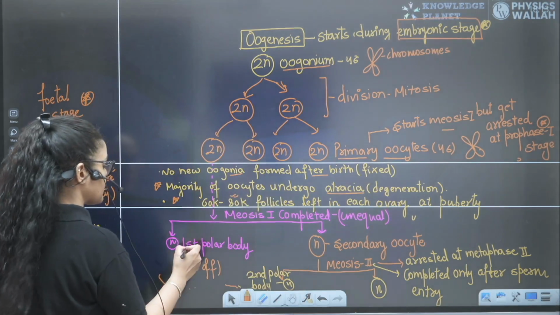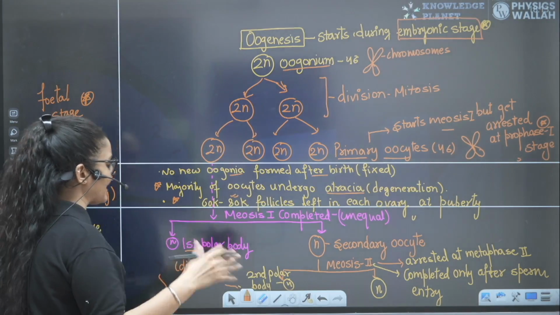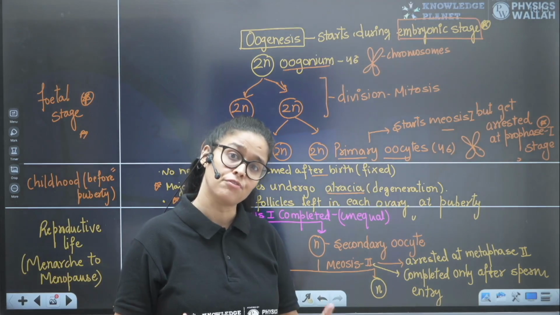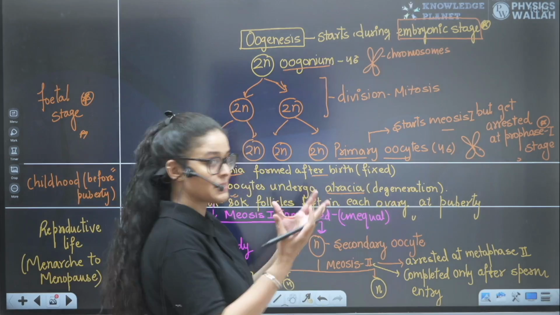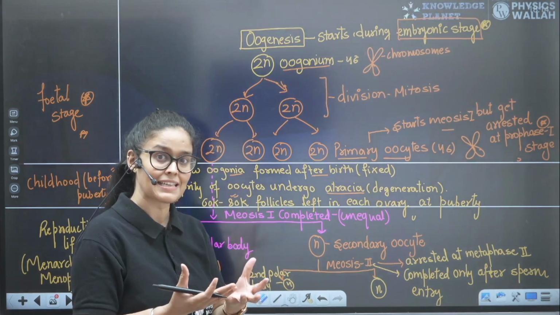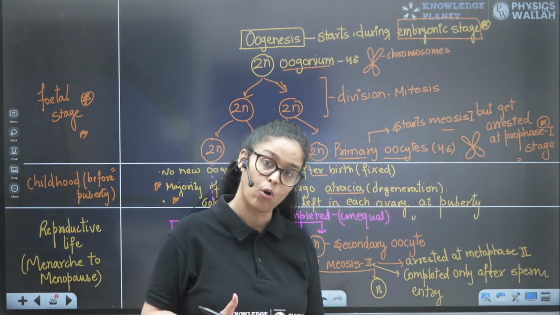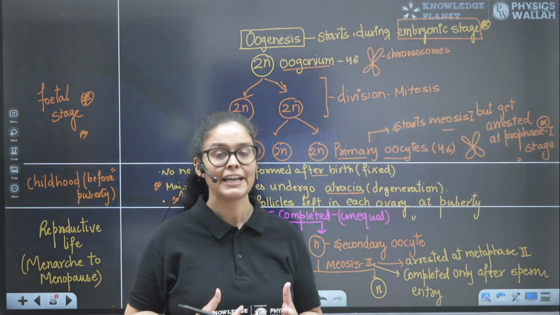This insignificant-sized cell is known as the polar body, which will die off after some time, because this poor cell doesn't have food to eat, right? Whereas the secondary oocyte is big in size. Why does this unequal division happen? Why does one cell get all the cytoplasm and the other not even a little?